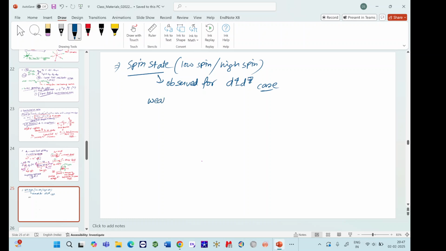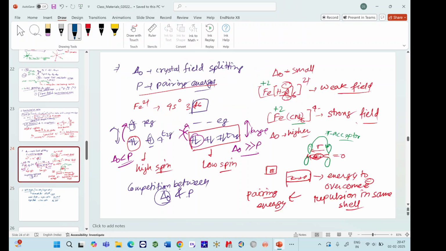At weak field, it will go to high spin, as your delta 0 will be much smaller compared to P, and at high field it will be low spin because delta 0 will be higher. Okay, as you can see here, delta 0 is higher, it cannot overcome this much gap. It cannot go from the t2g ground level to the excited level Eg. So it will gradually pair up.